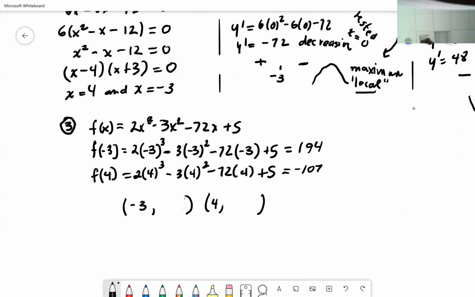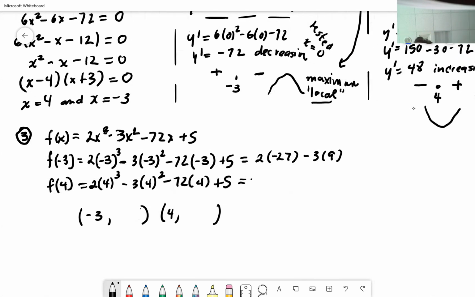All right. Let me see if I can fix it. So we got negative 3 squared. That's 9. 9 times 3. So okay, let's do it together then. Let's just take our time. So 2 times negative 27 minus 3 times 9, minus 72 times negative 3, plus 216 plus 5.